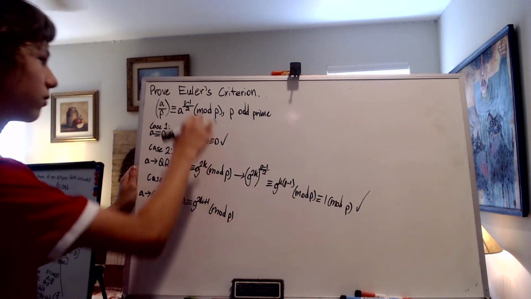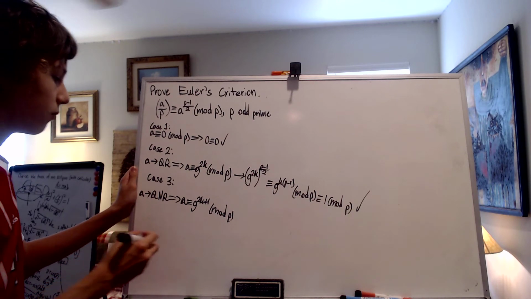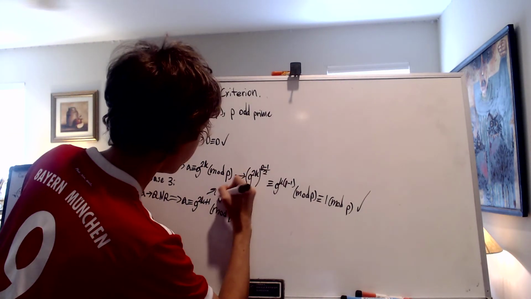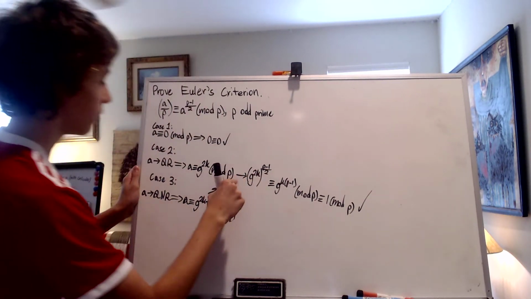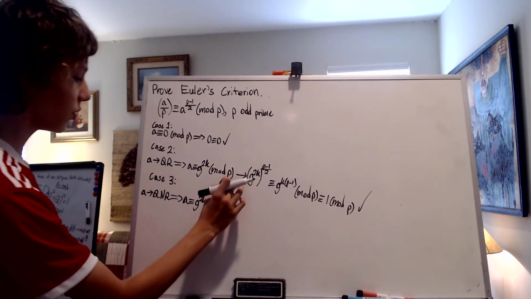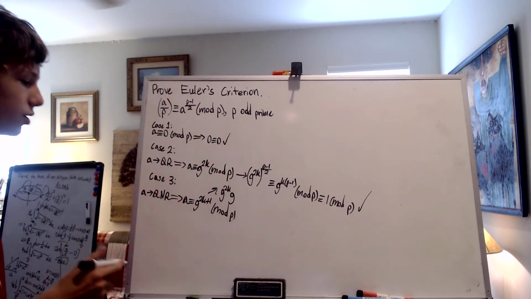Okay, well, what happens when we plug that into here? First I would like to separate this out as g to the 2k times g, to utilize the nice property when we multiply 2k times p minus 1 over 2.